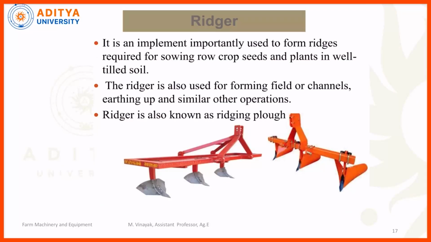So these are the ridges. In this slide, ridges are also very important for preparation of the seed bed. Suppose we take field crops; we do not require a raised seed bed. A raised seed bed is nothing but this: this one is the normal soil surface, and we can raise the bed from the soil surface to a height of 15 centimeters.